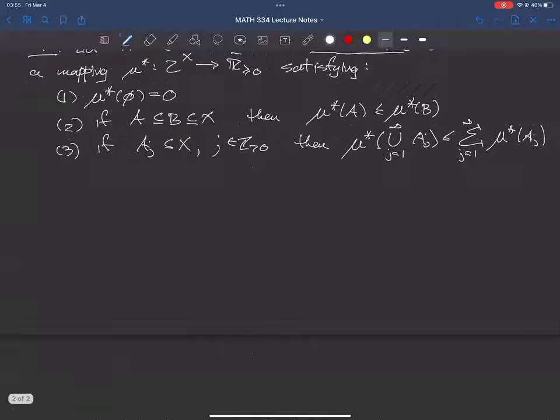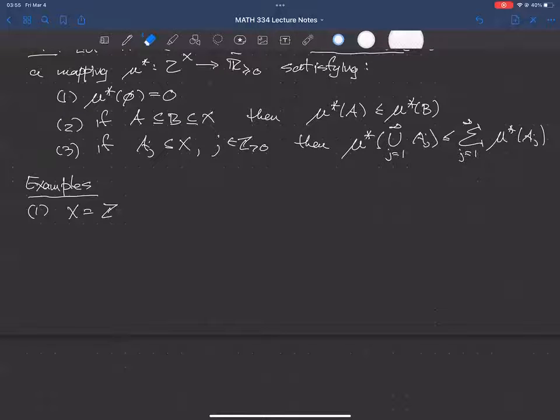Okay, so let's just look at two simple examples. Well, one simple example and then the one we're interested in, which is less simple. Let's take just the set of all integers.